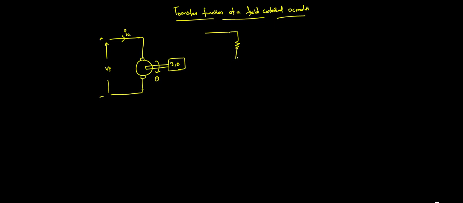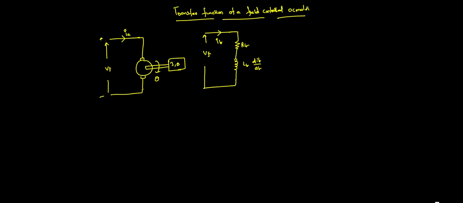So I am drawing the equivalent field circuit. The field resistance is Rf and the field inductance is Lf, with Lf dIf by dt, because the field is separately excited. The voltage I am giving here is the field voltage Vf, and the current flowing through it is If.